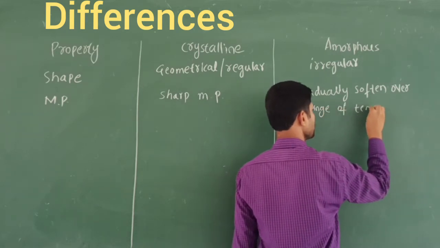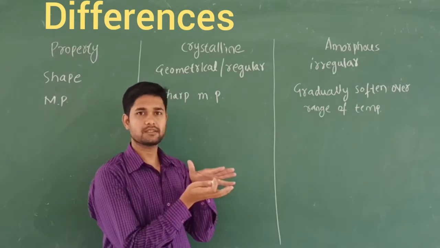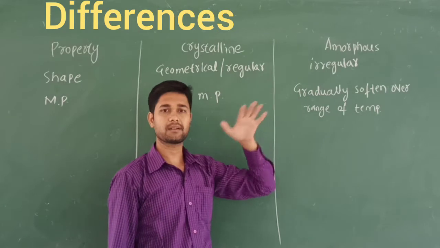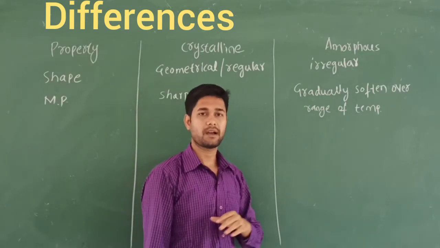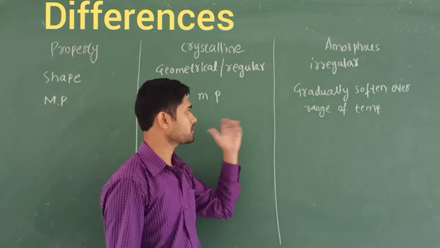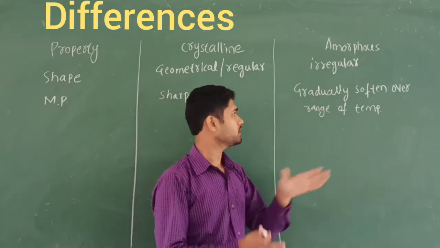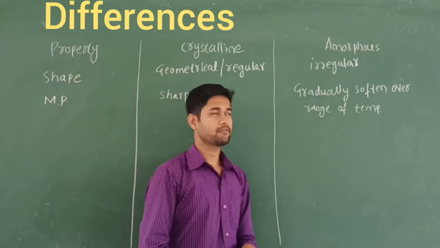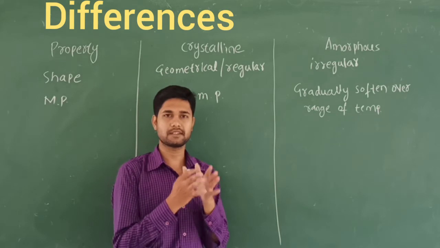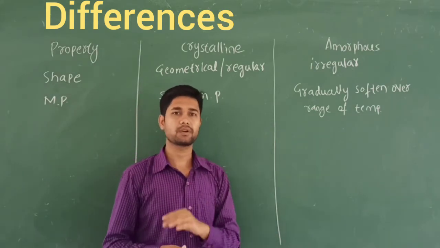Why? Because of the irregular pattern of the constituent particles, that is an indisciplined mode of the particles. If you take crystalline, the melting point around 100 degrees Celsius is called sharp. But for amorphous it may vary, 100 to 200 like this.